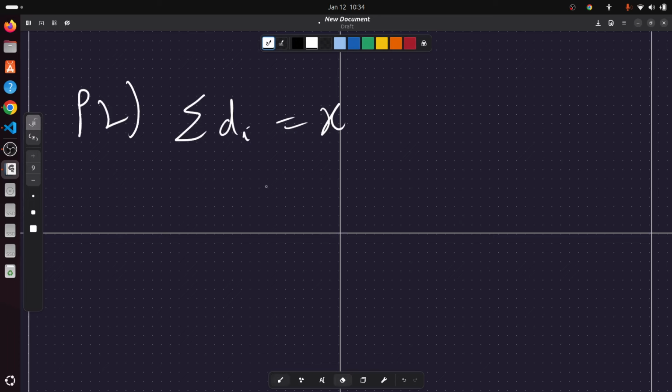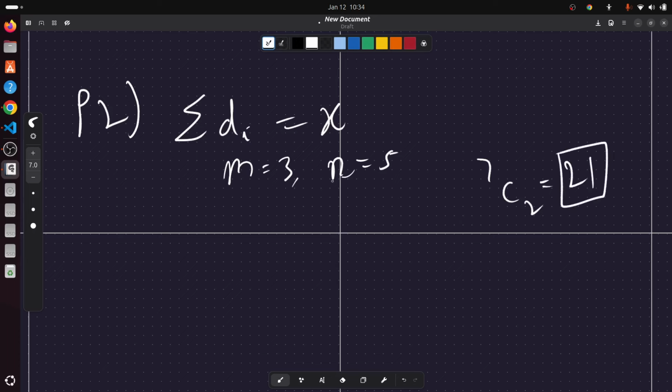That means basically let's say m is equal to 3 and n is equal to 5 again. So first of all, how many ways are there to distribute this? There are in total 5 plus 3 minus 1, that is 7, 7 C m minus 1, 2. There are a total of 21 ways to distribute this 5 into 3 objects.